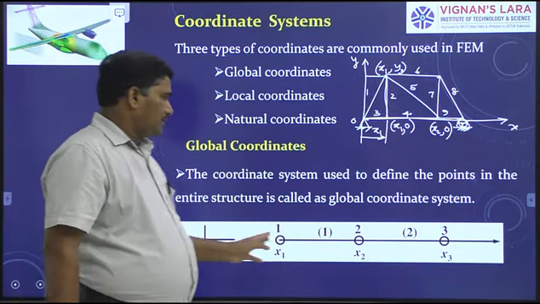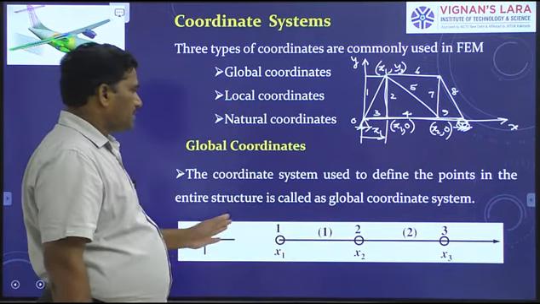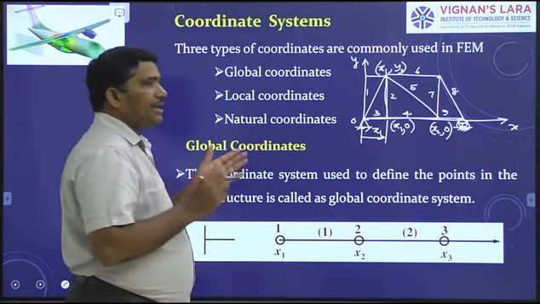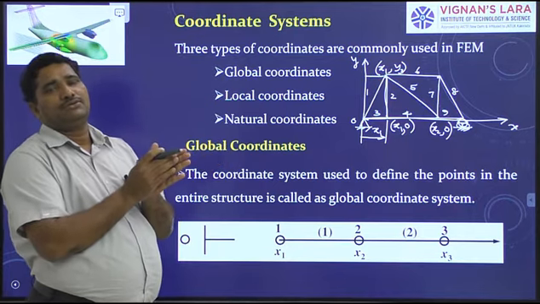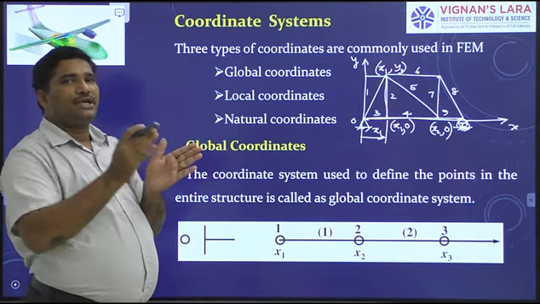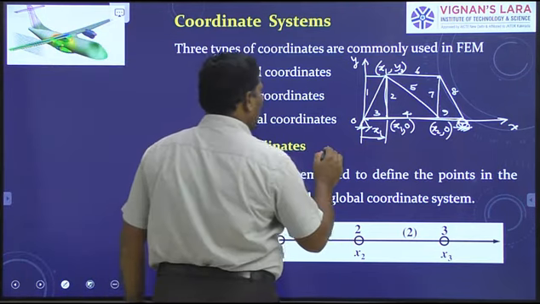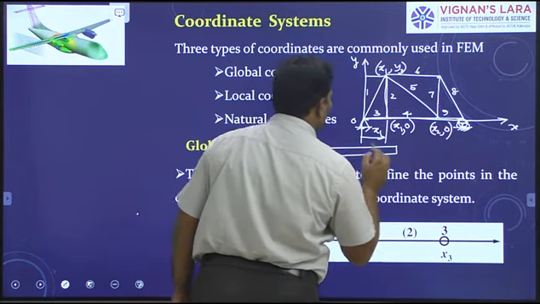So we take a member here, right? This is a one-dimensional bar, an axially loaded bar. The bar may be subjected to a tensile force or a compressive force. I take a bar of uniform cross section. It is axially loaded.